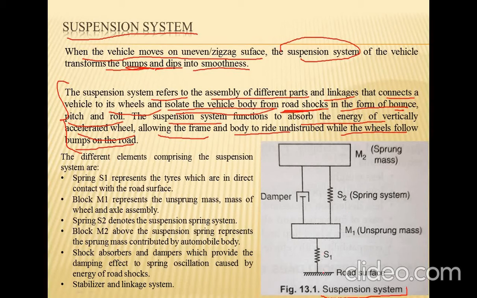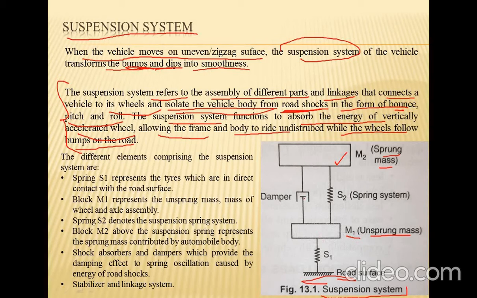I will tell the names of the units of the system, then we will discuss the various elements. This is the road surface, here this is the mass m1, that is the unsprung mass, and this is the mass m2, that is the sprung mass.